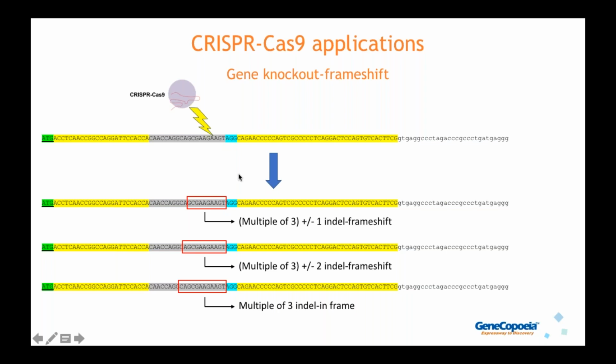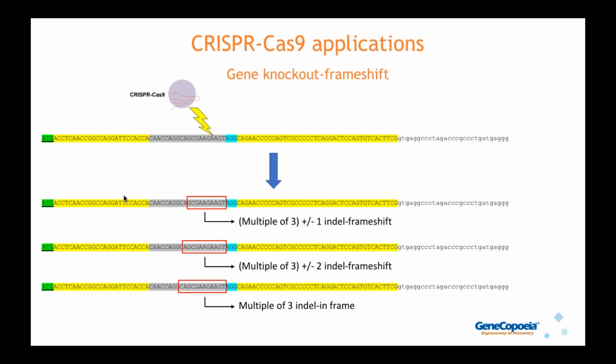And the NHEJ repair pathway has several possible outcomes. One is that it can stick the 2 chromosomes back together completely faithfully, and you'll get the exact target sequence back. But if that happens, that is still a substrate for Cas9, so it can cut again. But what also happens is you can get chewing back from both ends, which can lead to indel mutations.